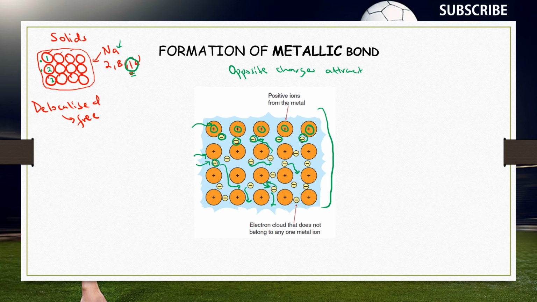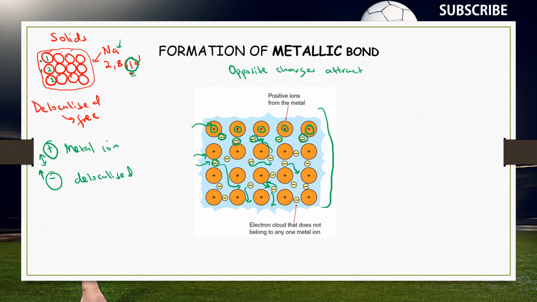So that force of attraction between the metal ion, which is positively charged, and the negatively charged free electron, or delocalized electron. Delocalized is a better word than free because it shows that it's not in a particular place rather than actually being 100% free. So the force of attraction between the positively charged metal ion and the negatively charged electron is what will constitute a metallic bond.